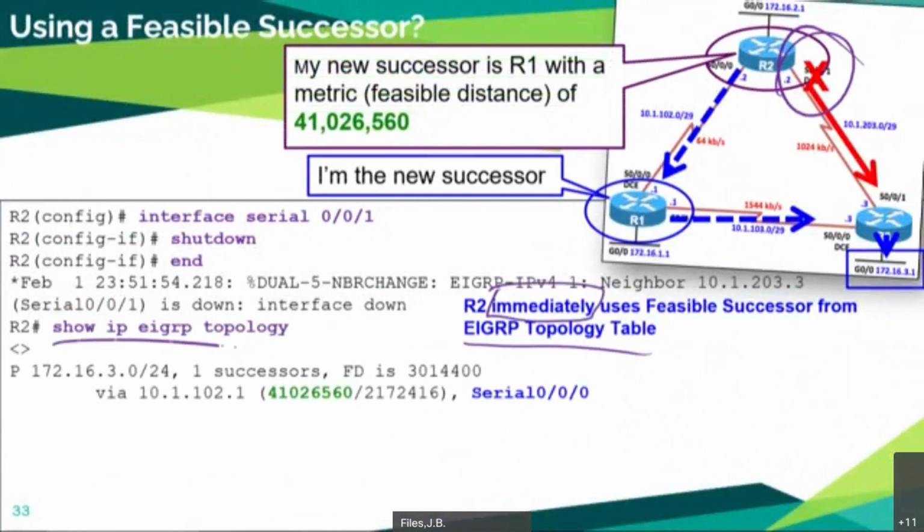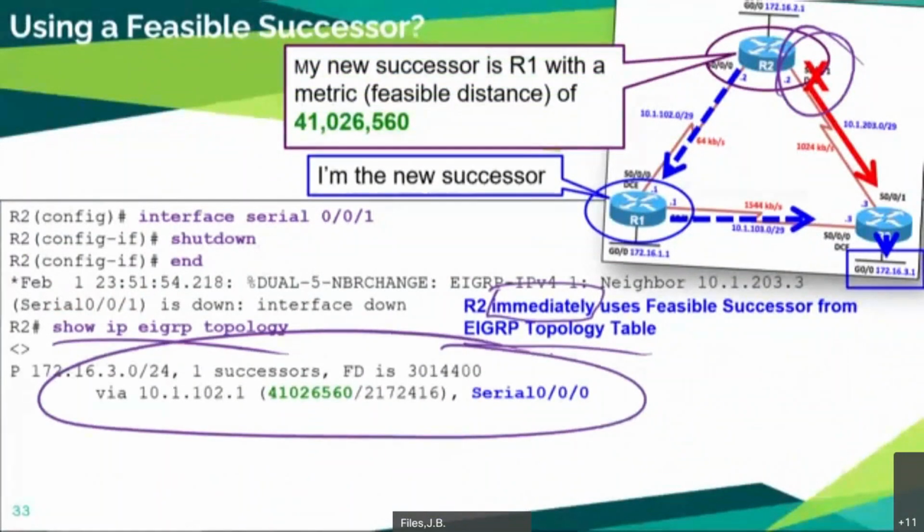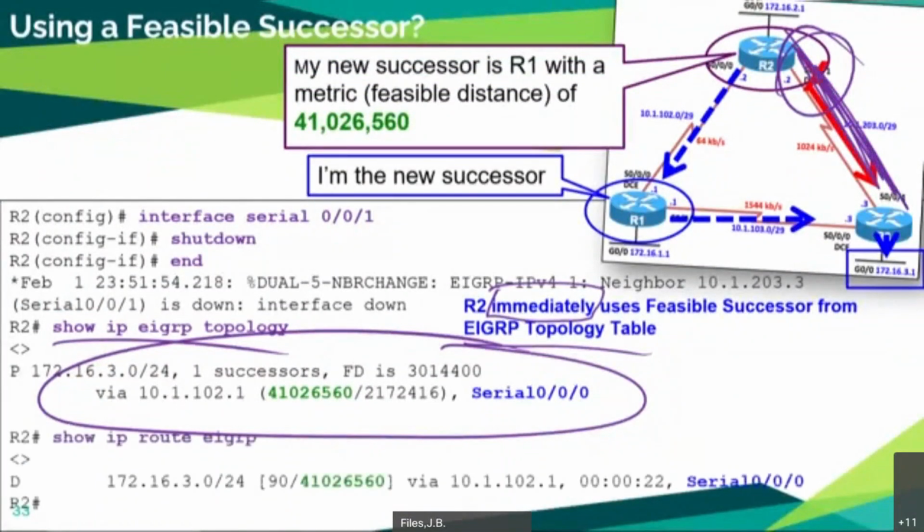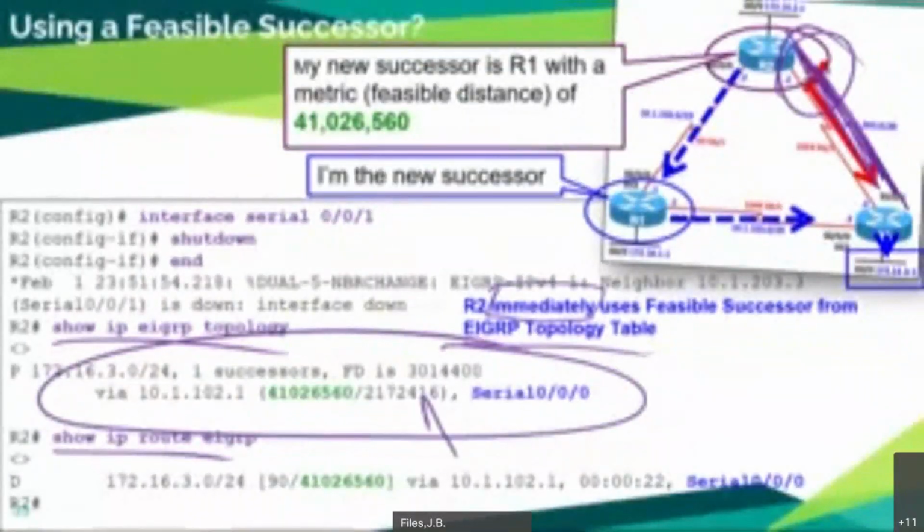If we were to do a show IP EIGRP topology really fast, there would only be one in there. This is gone. That doesn't exist anymore. If we were to do show IP route EIGRP, this path would show up in the routing table immediately.